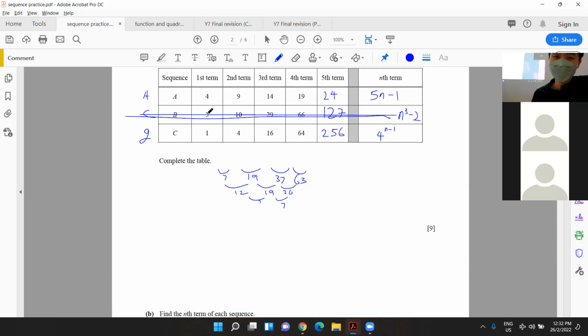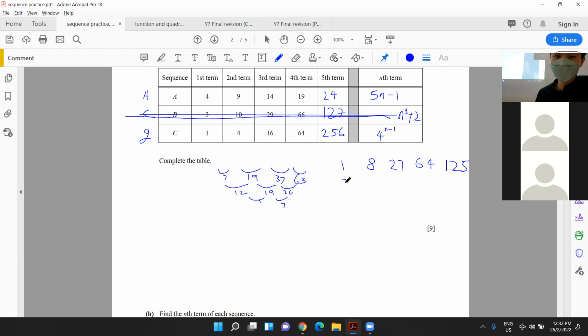Okay, so your cubic numbers are 1 cubed is 1, 2 cubed is 8, 3 cubed is 27, 4 cubed is 64, 5 cubed is 125. Then what happens is, you see these numbers, 3, 10, 29, 66.